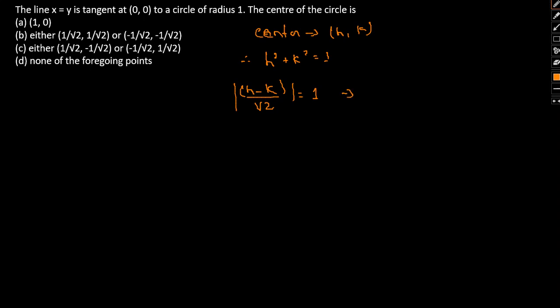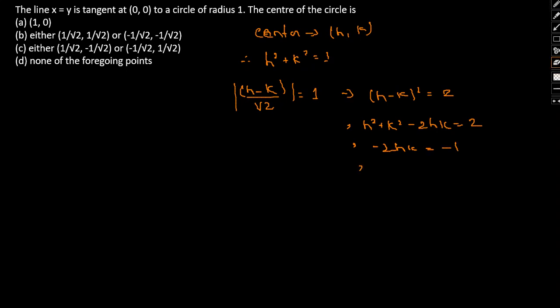Which can be further written as (h minus k) whole square equal to 2. On expanding, h square plus k square minus twice hk equal to 2. So h square plus k square is 1, so twice hk will simply be equal to minus 1.